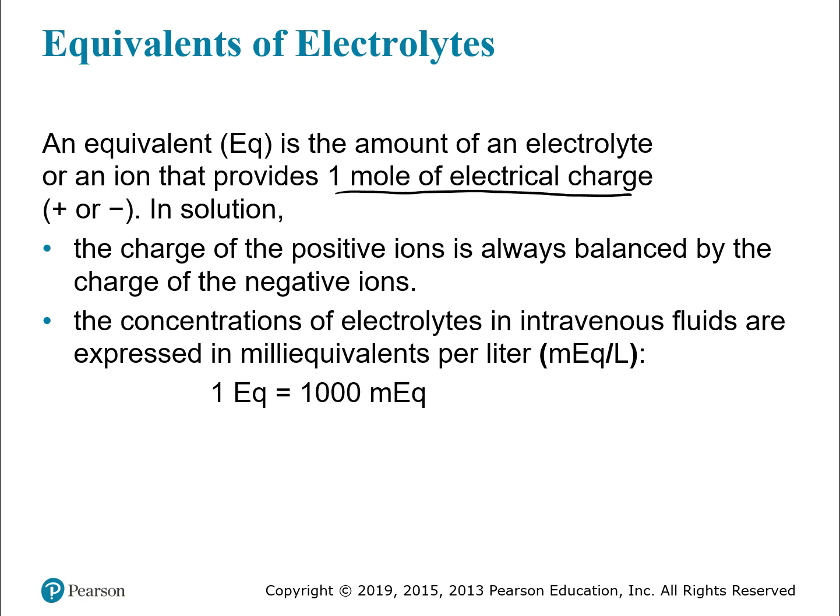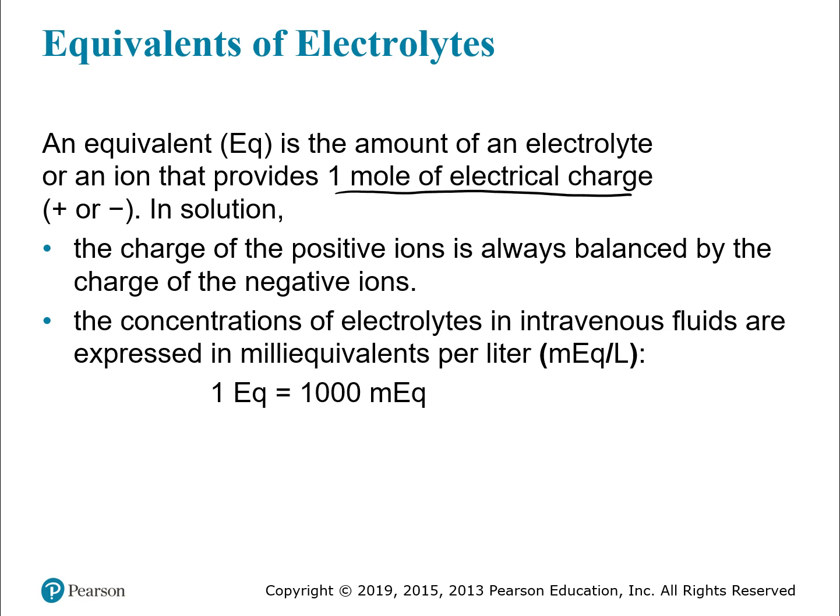In a solution, the charge of the positive ions is always balanced by the charge of the negative ions. So it's kind of like when we were writing those ionic compound formulas. However much positive charge you have, you got to have the same negative. It's the same thing with solutions.